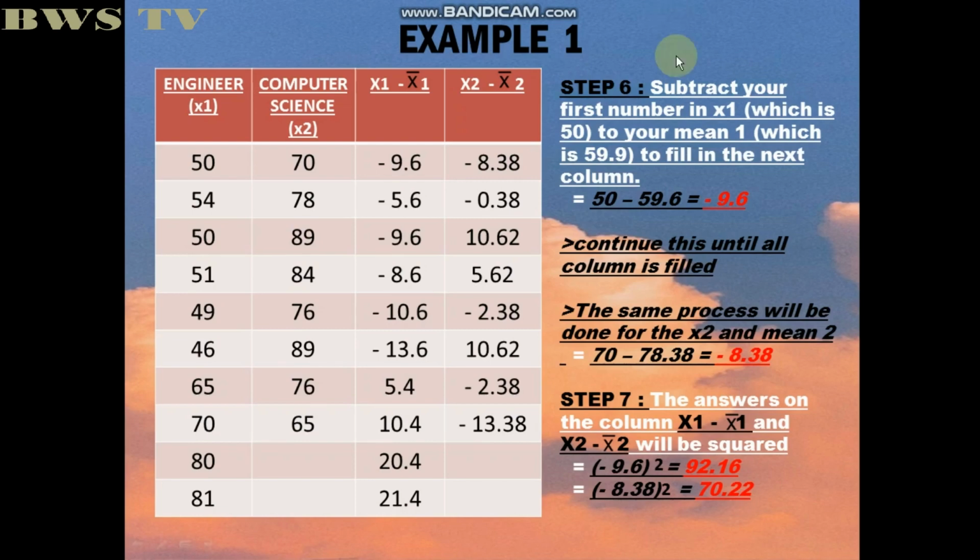Step 6 is to subtract your mean 1 from your first number in x1, which is 50, to fill in the next column.